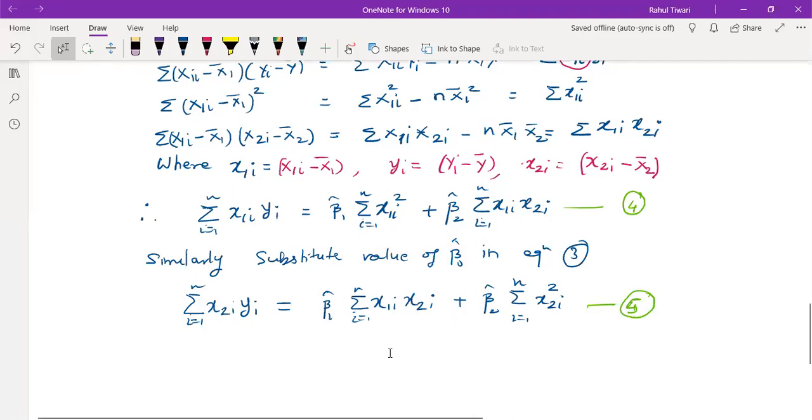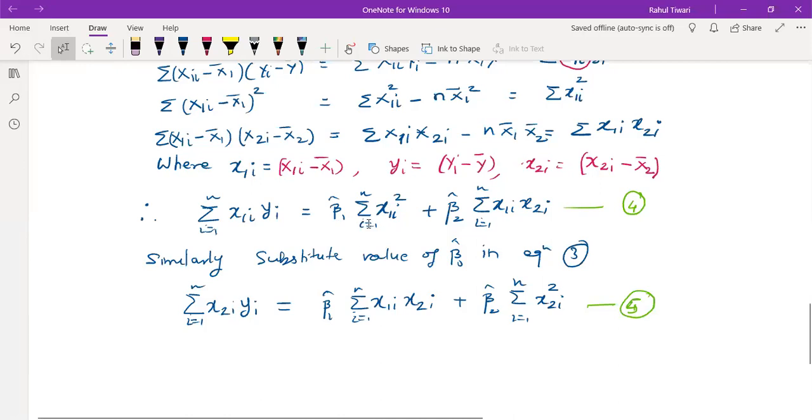If I multiply equation number 4, or I can do it in a different way. We need to make one parameter's coefficient the same.